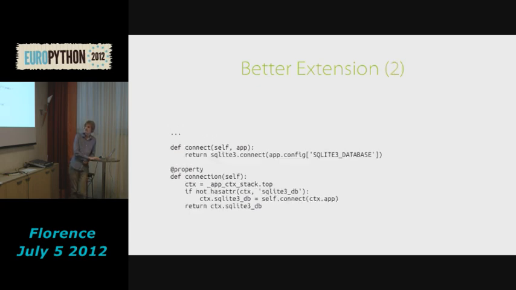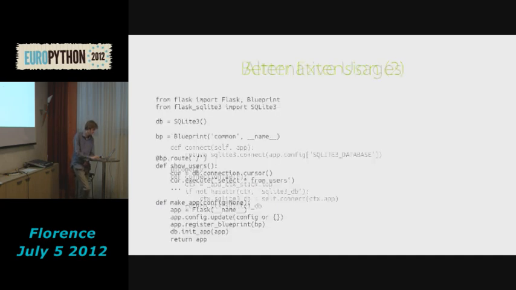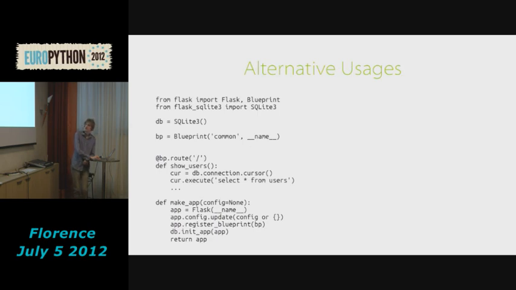And the connection is no longer using self.app, it's using context.app. So it works with an arbitrary number of applications because we don't have to remember them. We always use the application context to figure out what's the current one. So now what you can do is basically the same thing.